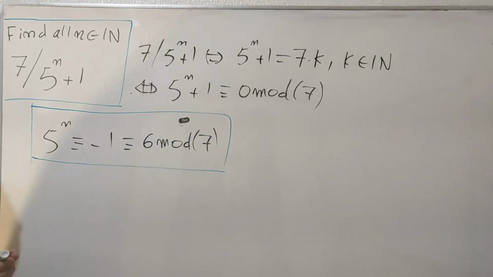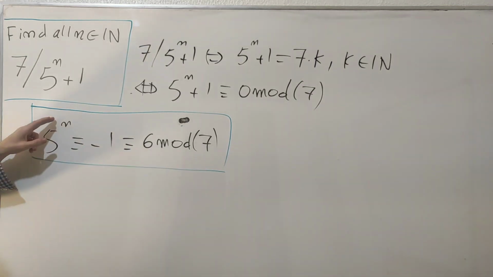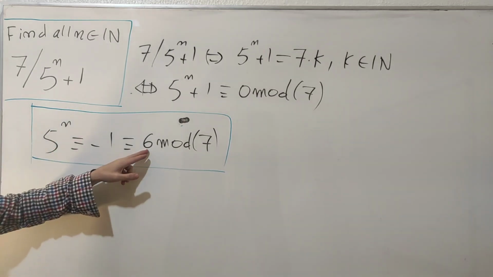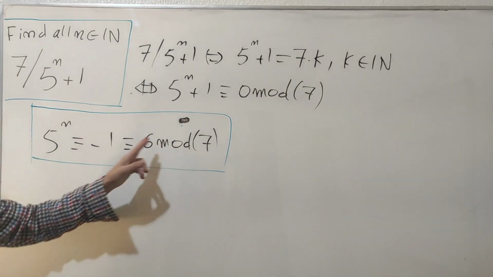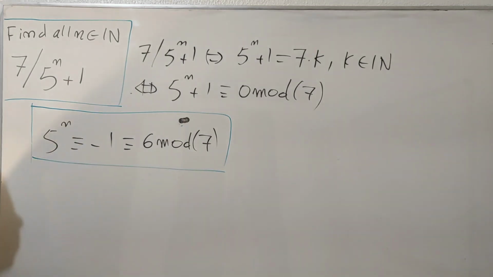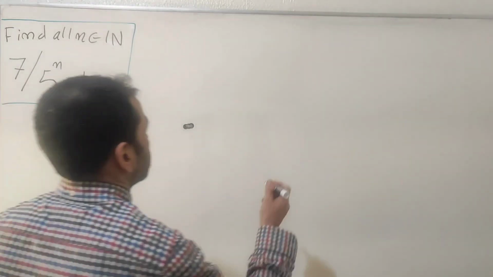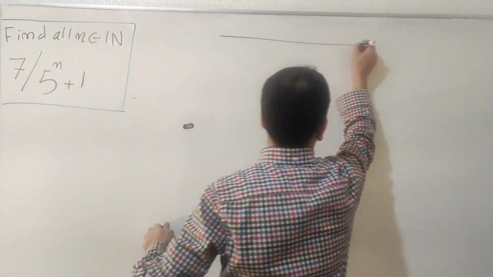Now let's link this statement to the chart. By using that chart, we are going to find all the possible values of n in order to make 6 the remainder when you divide by 7. So let's do that. Here is the following chart.